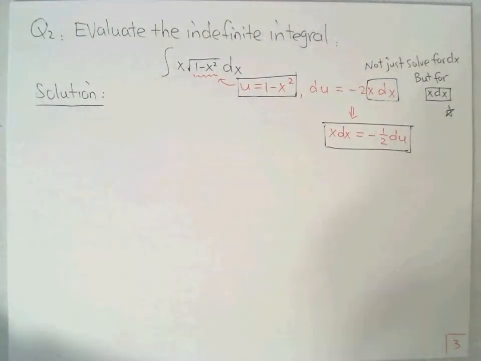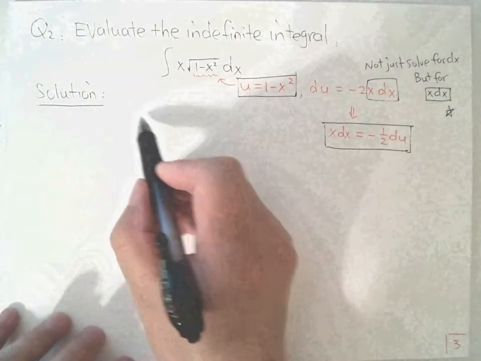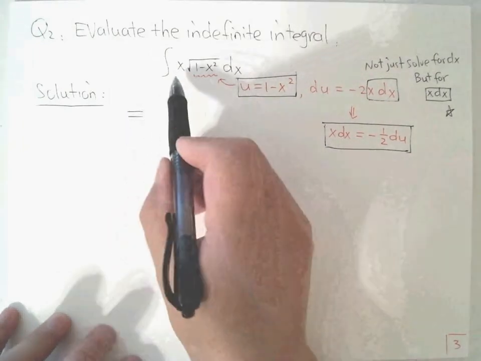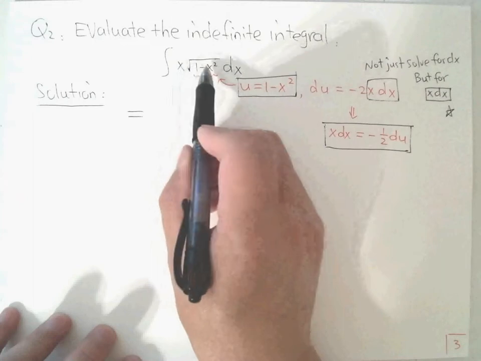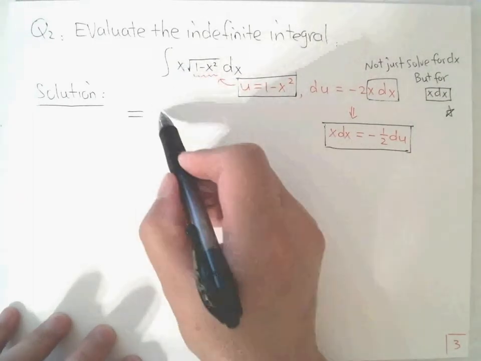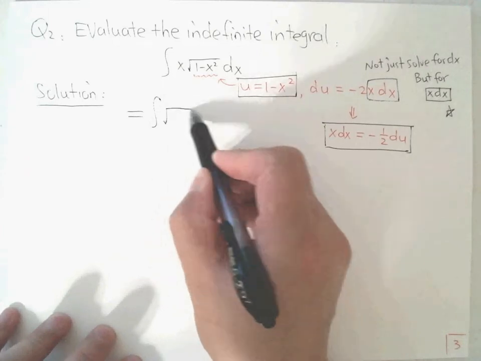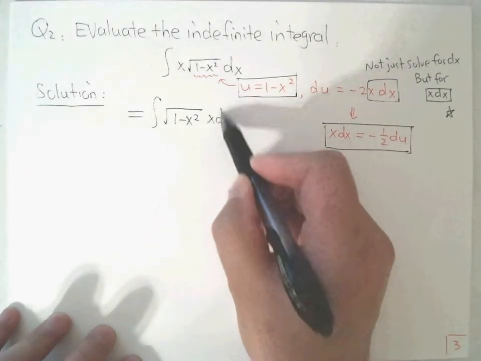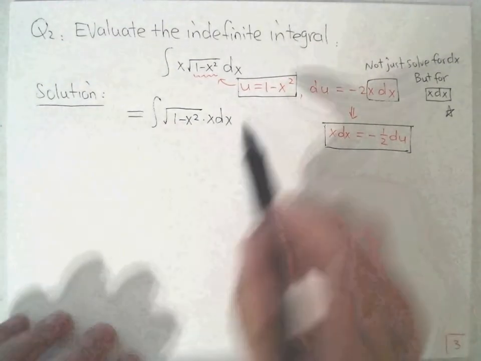These two plug in. Of course, the first step, this is one more step, is that you need to change the order of this. We call it rearrange, see? So we can do this: 1 minus x squared times x times dx.